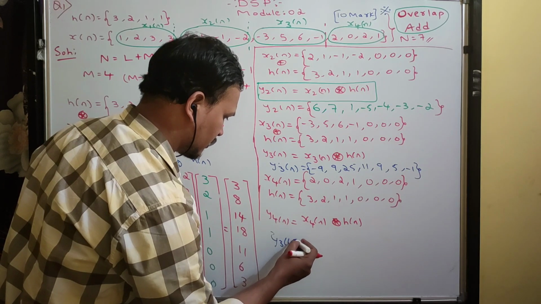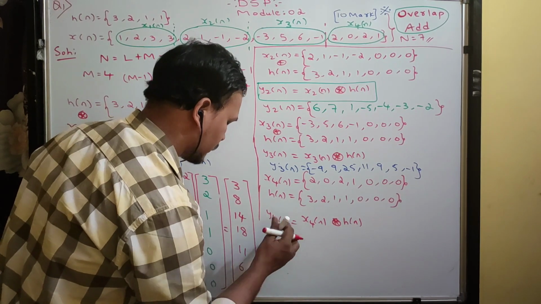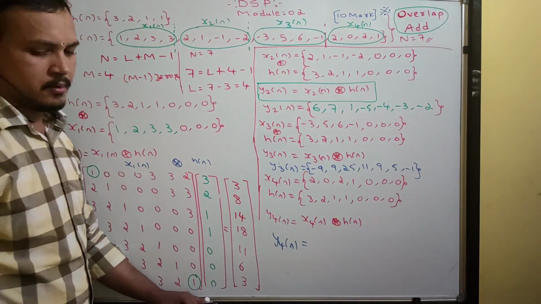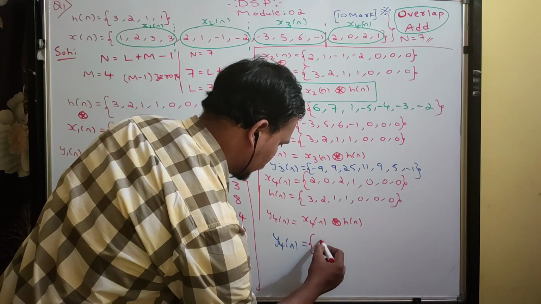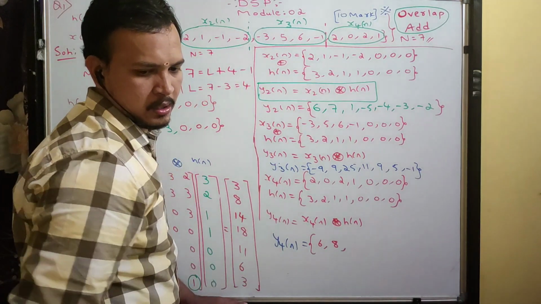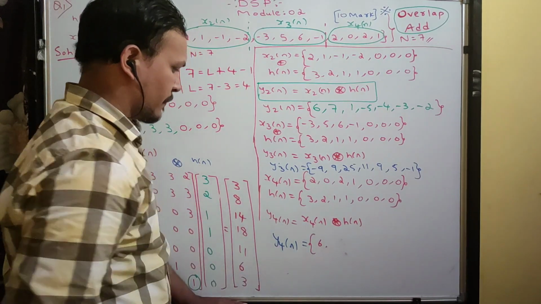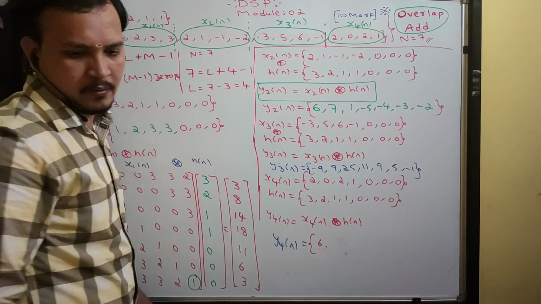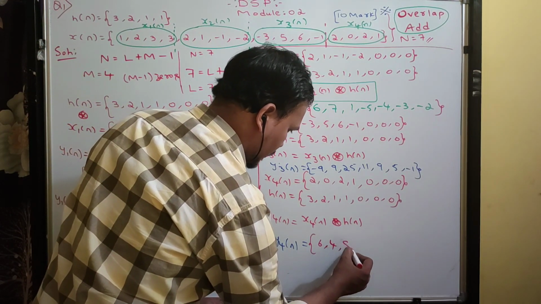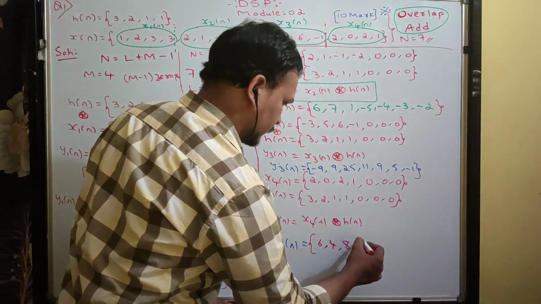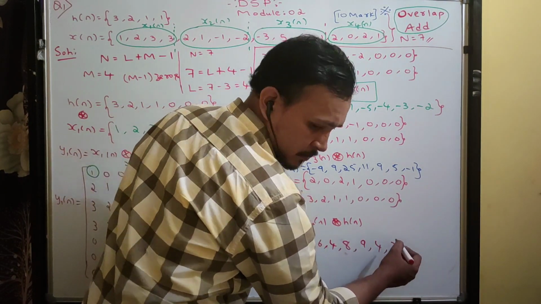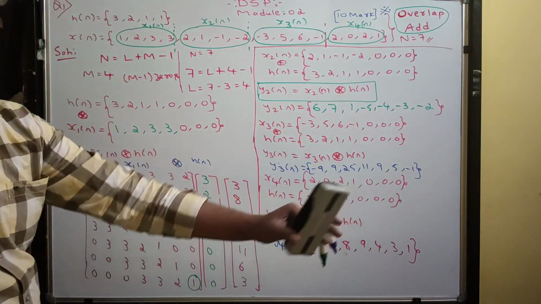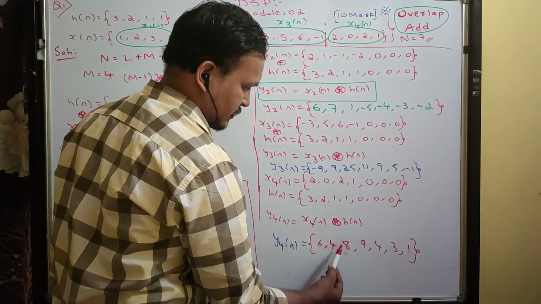Same procedure you do it. y4 of n will be, so copy down the answers. 6, 4, 8, 9, 4, 3, 1. Totally 7 samples should be there. 1, 2, 3, 4, 5, 6, 7.